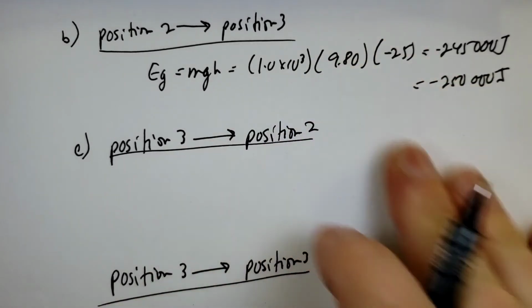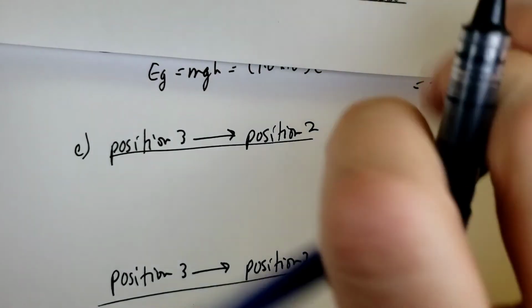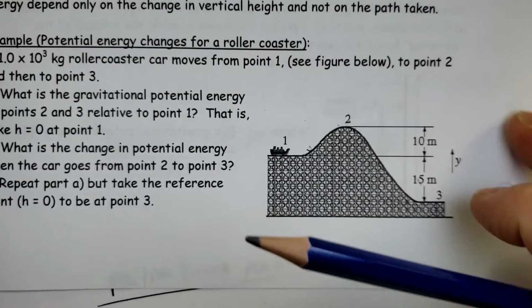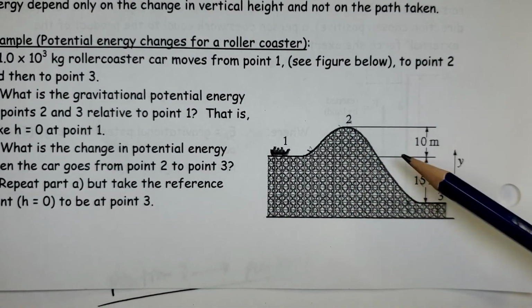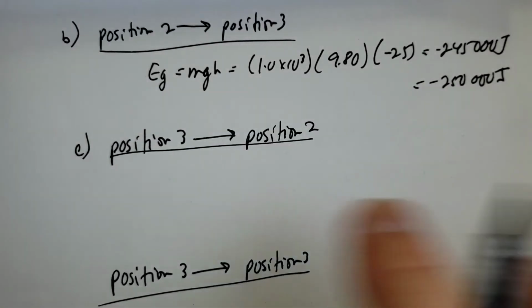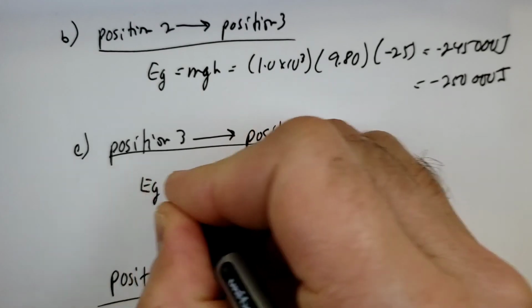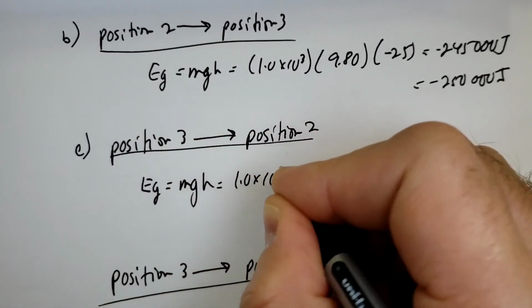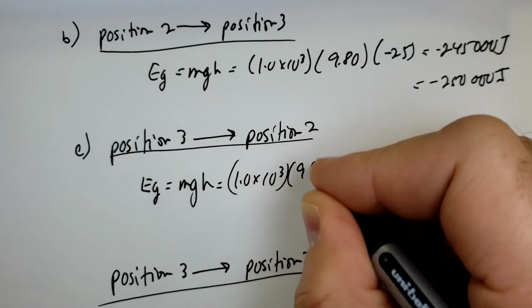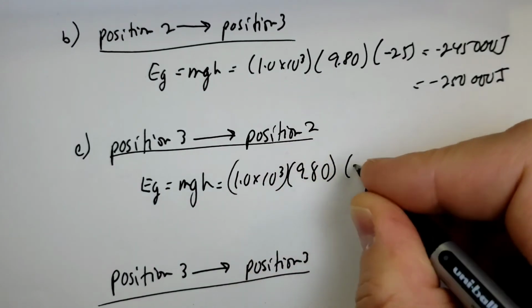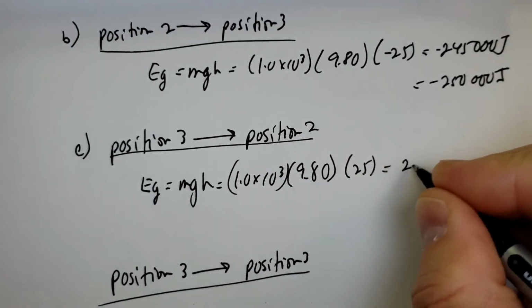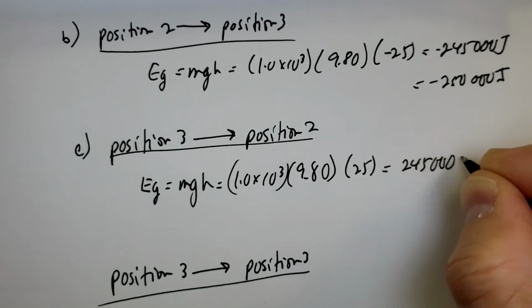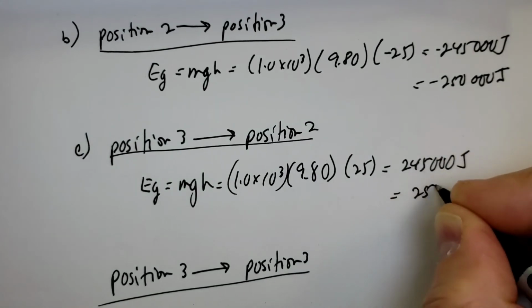Okay, so what we moved here from position 3 to position 2, from here to here, so it's 15 plus 10 in the positive direction. So that's going to give us 245,000, but round it off to 2 sig figs.